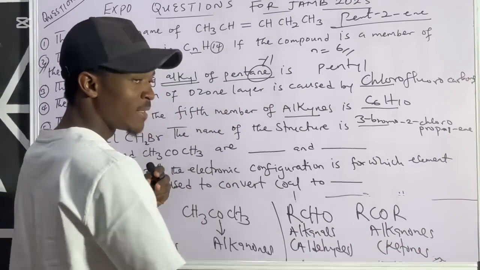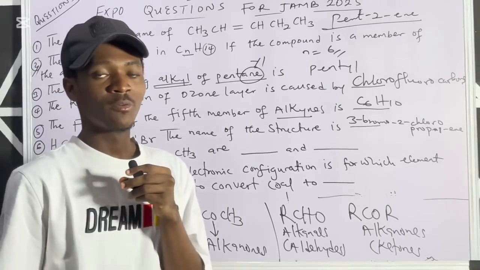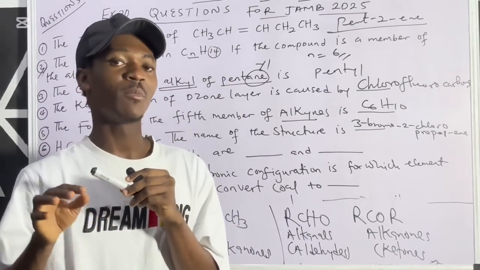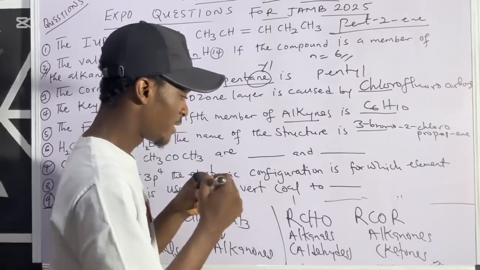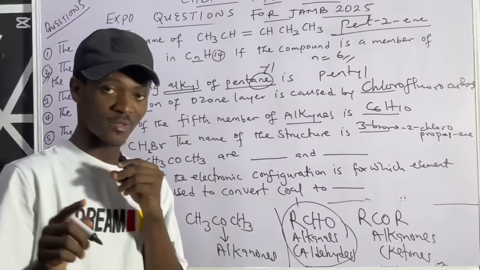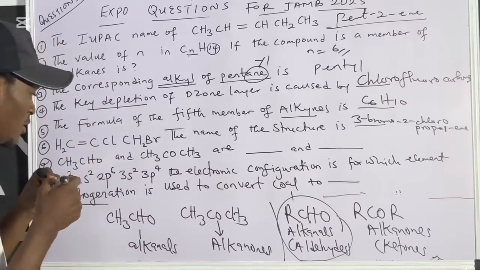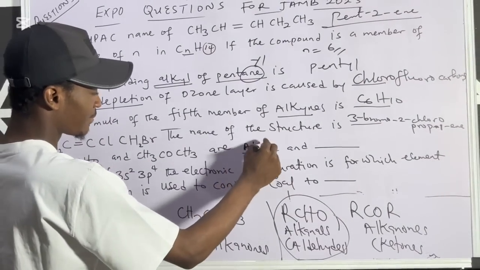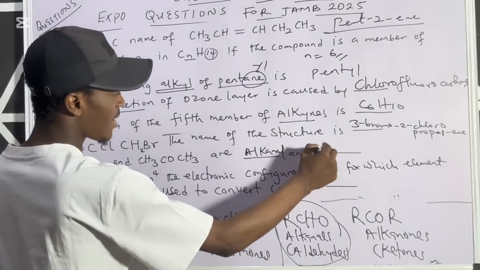Between this and this, the ones that can react with Fehling's solution as well as Benedict's solution, forming brick red coloration, are the alkanals. So take note of that. They might also ask you a question on it. So just know it's the alkanals. So these two are alkanal and alkanone.